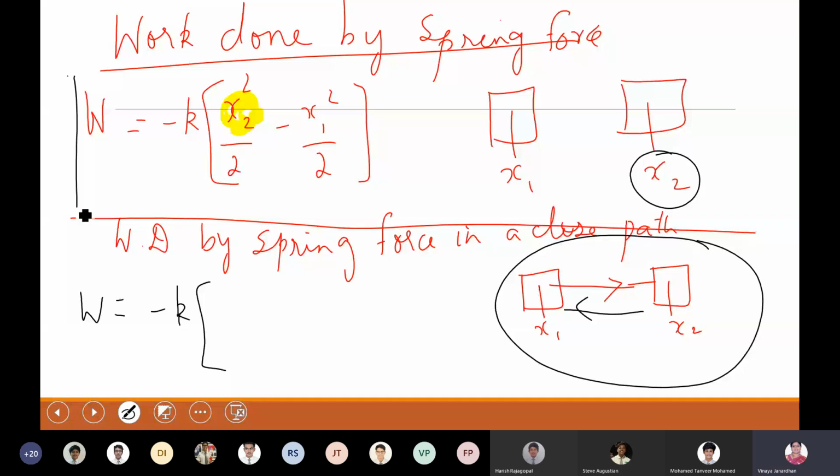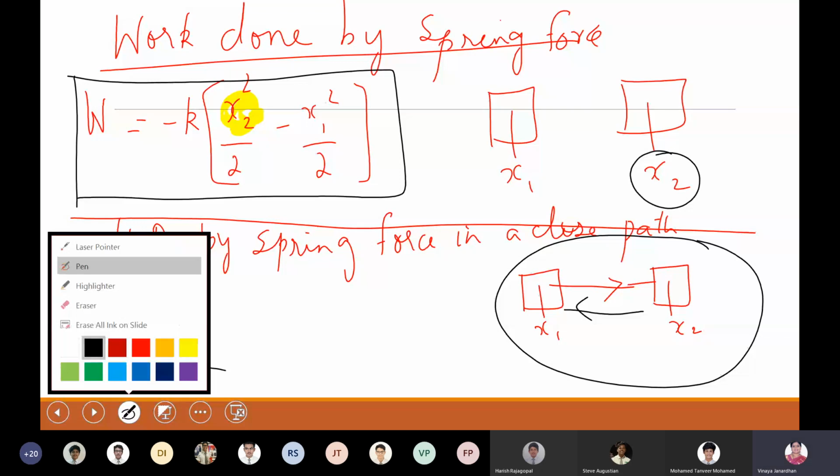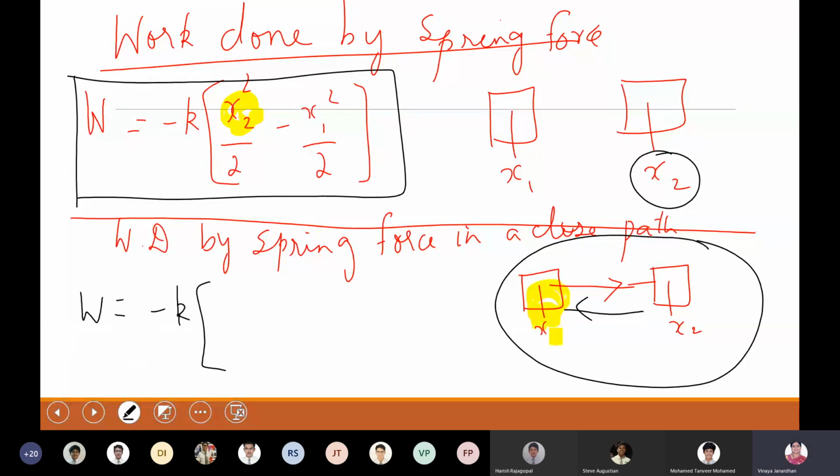But for this scenario, what is the final position of the spring? X1. So in that case, this x2 should be replaced by x1 squared by 2 minus x1 squared by 2. Should I redo the integral part?